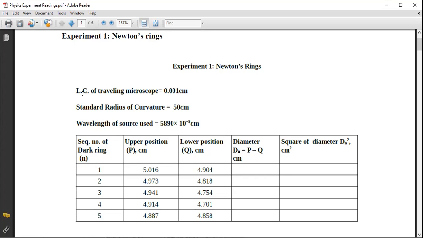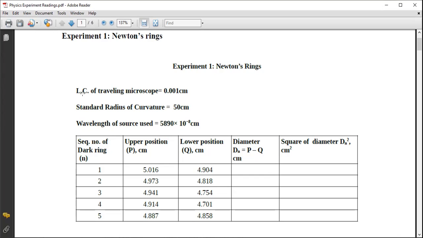Okay. So the formula for least count is the smallest division on the main scale divided by the total number of divisions on the vernier scale. You all should note down the formula.